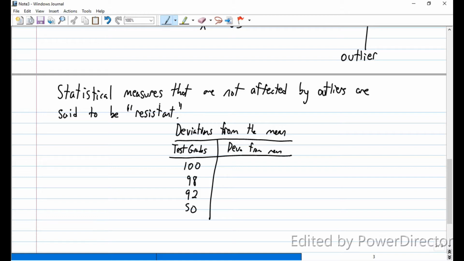So, if I say 100 minus 85, the deviation from the mean would be 15 points for 100.